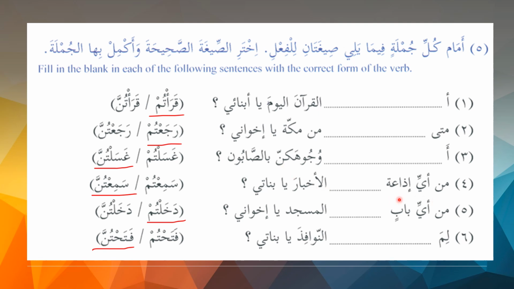Min ay bab, sorry, min ay bab sami'tunna al-akhbara ya banati. So the addressee is feminine plural: من أي باب سمعتن الأخبار يا بناتي. من أي باب, which door, dash المسجد يا إخواني, my brothers: من أي باب دخلتم المسجد يا إخوان. لما dash النوافذ يا بناتي.